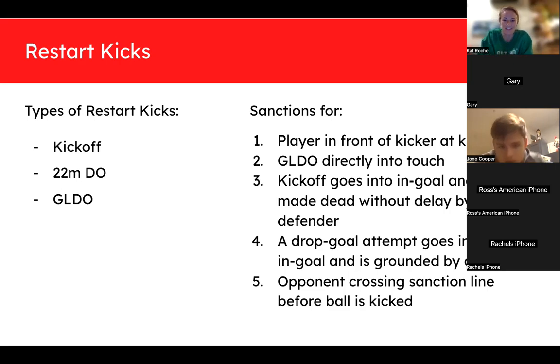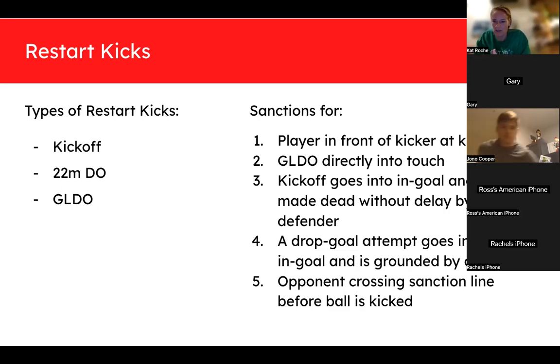Yes. So you've got the options. It's the same as if a 22 goes directly into touch. You can have a re-kick, or a kickoff goes directly into touch. You can have that scrum. Obviously, you can't have the scrum at the mark because the mark's in goal, or the lineout on the 5.